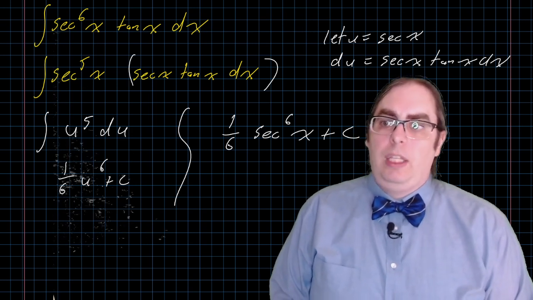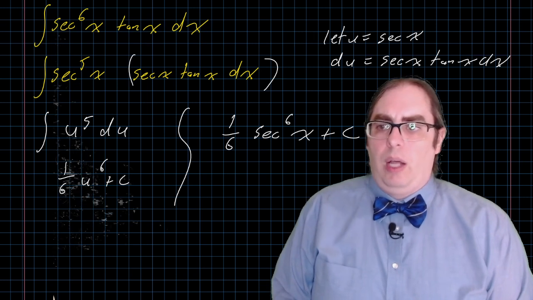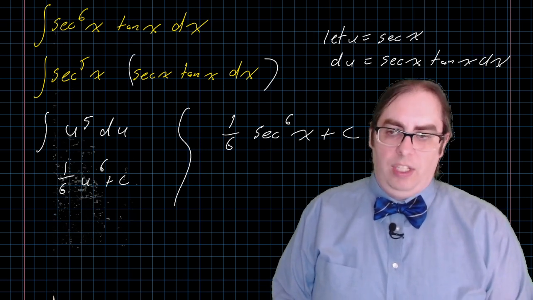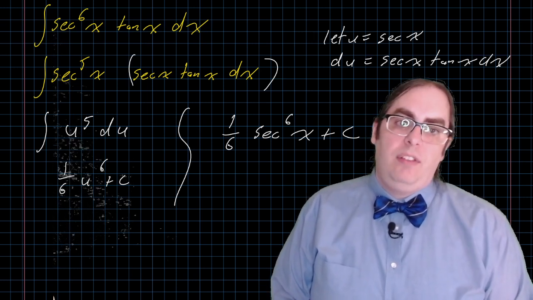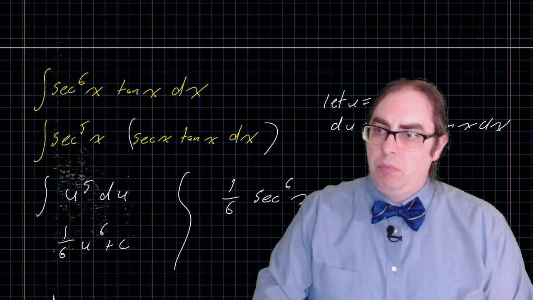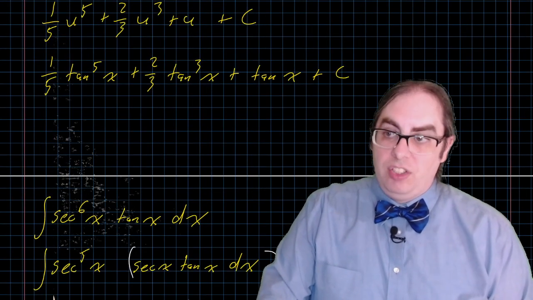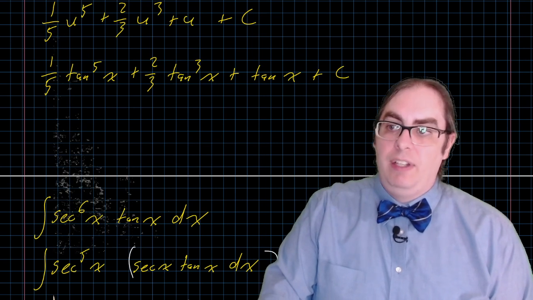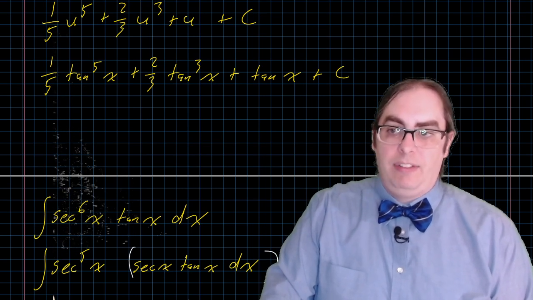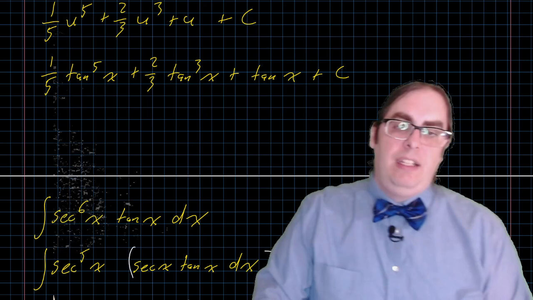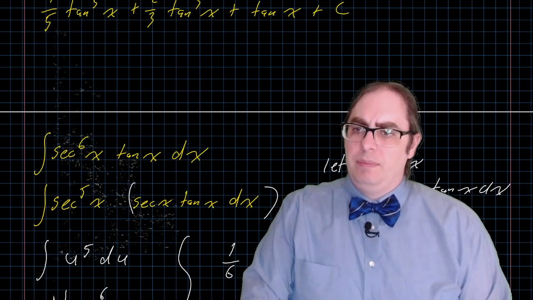That can get to be really confusing because, oh, I got 1/6 secant to the sixth. I might have instead gotten 1/6 tangent to the sixth plus 1/2 tangent to the fourth plus 1/2 tangent squared if I had done it the other way instead.